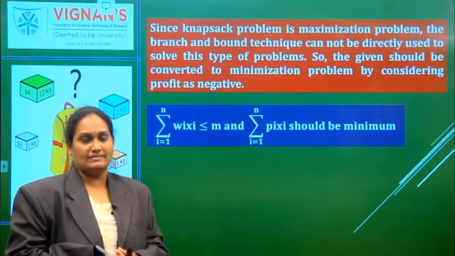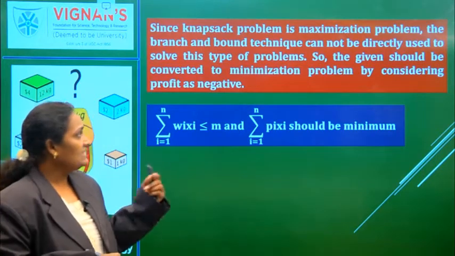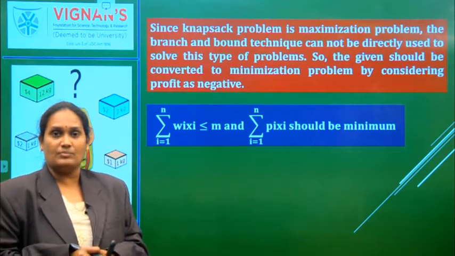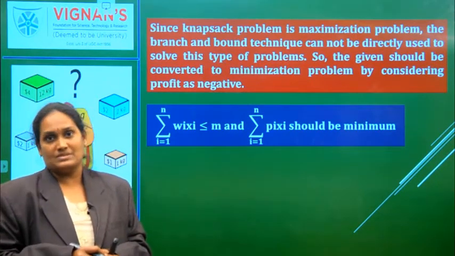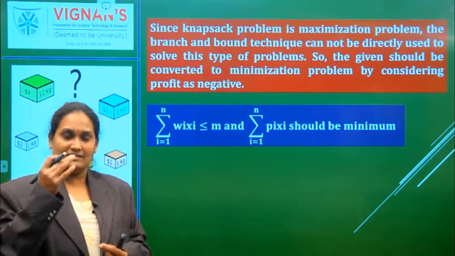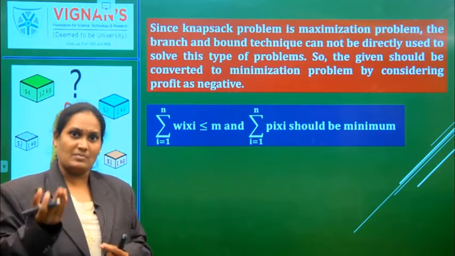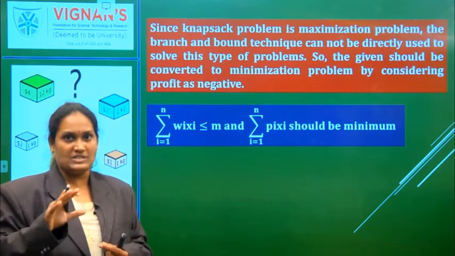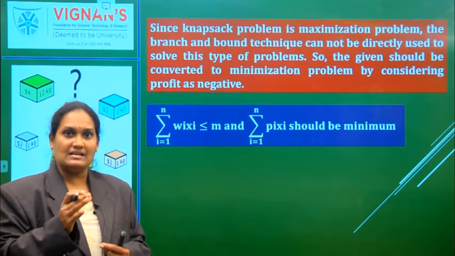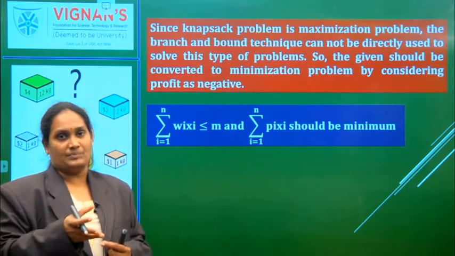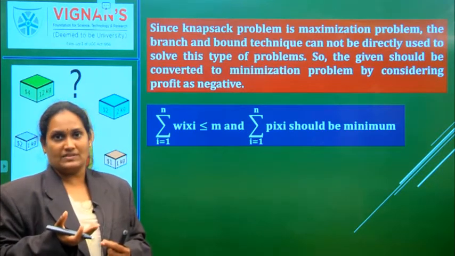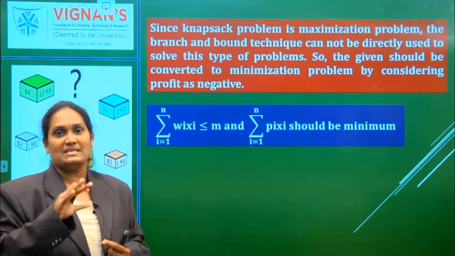But our knapsack problem is a maximization problem, because the total profit earned must be maximum. Whether a problem is a minimization or maximization problem depends on the objective function. In the traveling salesperson problem, the objective function is that the cost of the path must be minimum. Since we need to find a path with minimum cost, it becomes a minimization problem.